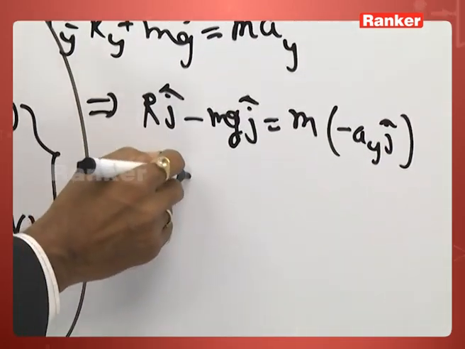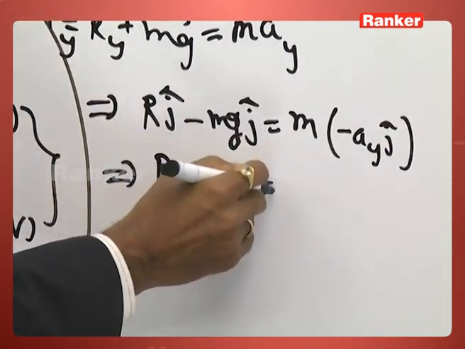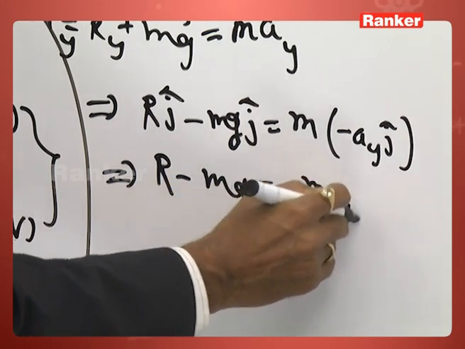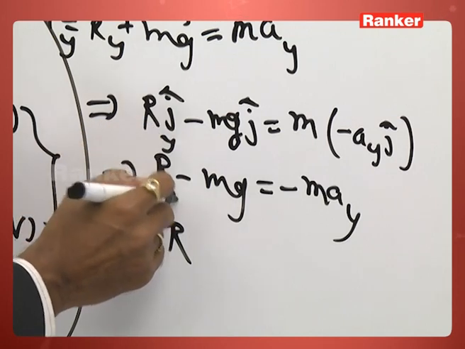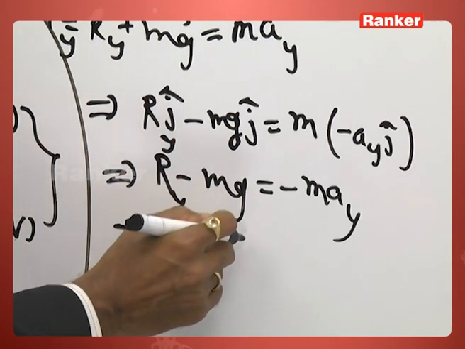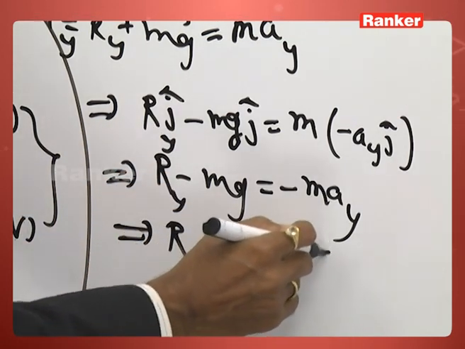Then you are getting the correct equation. R minus mg is equal to minus may. Therefore, Ry is equal to mg minus may.